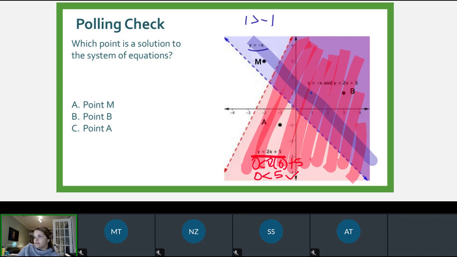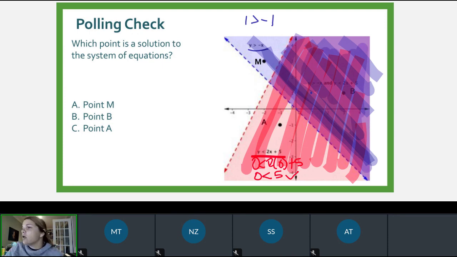So I shade on that side. So as you can see, the area where the two shaded regions overlap is going to be this dark purple area. Okay, so that's what your inequalities are going to look like. You're going to have two shaded regions and then a region where they clearly overlap.